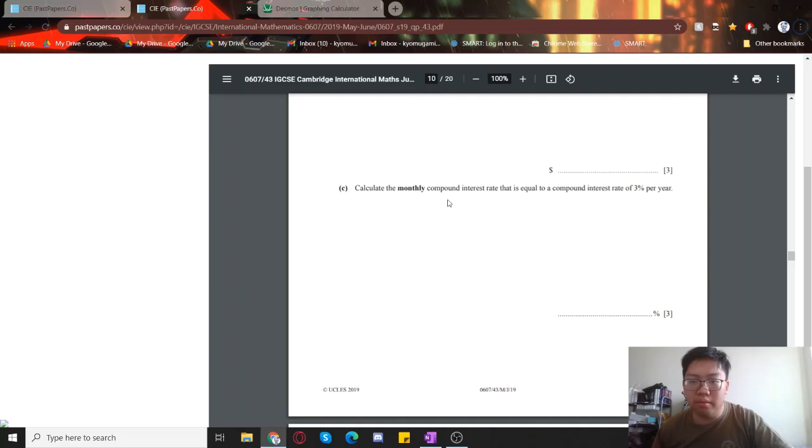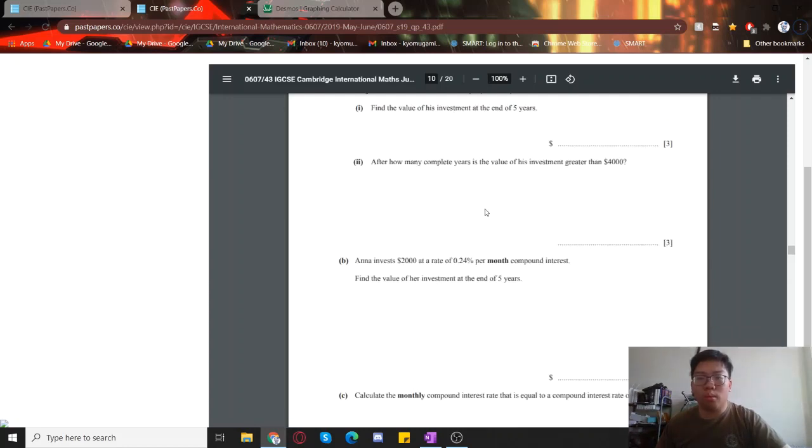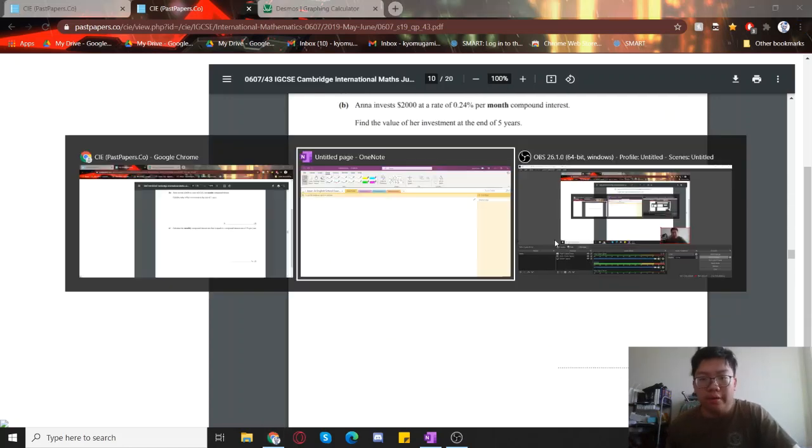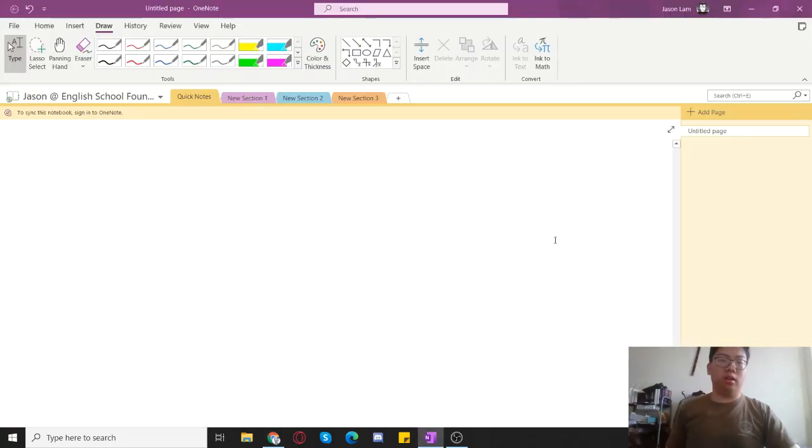Calculate the monthly compound interest rate that is equal to a compound. Interesting. Okay, I think I know what they mean. Very weird question, I would say, but it's not entirely impossible.